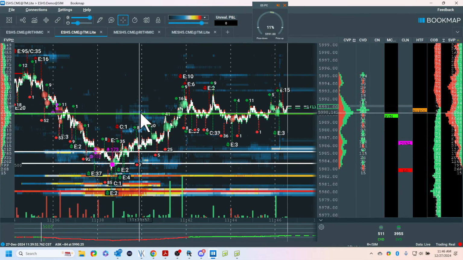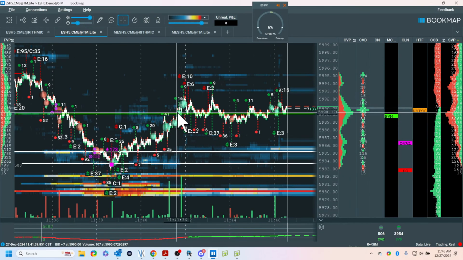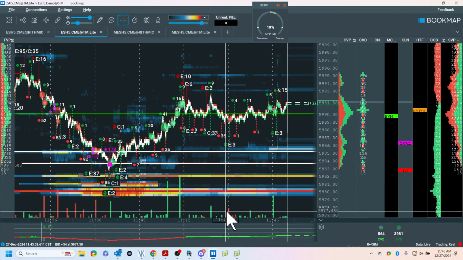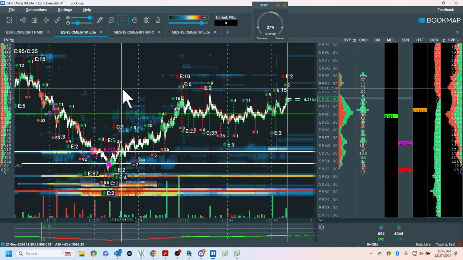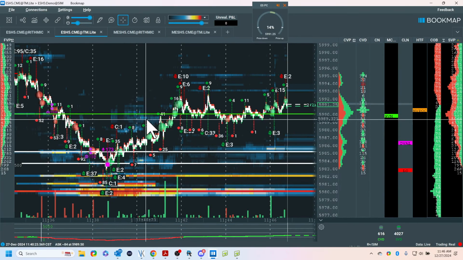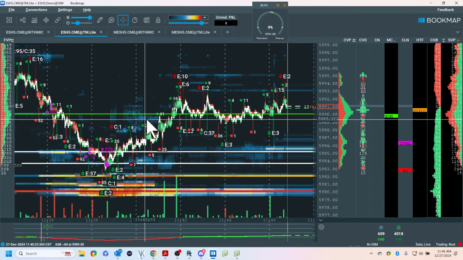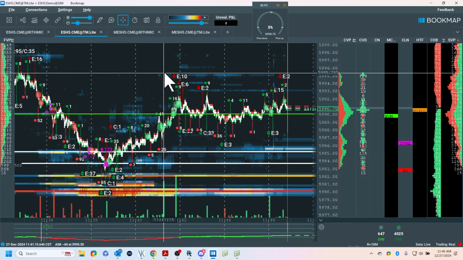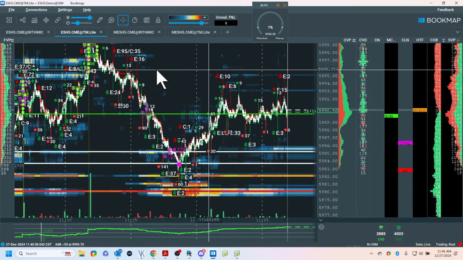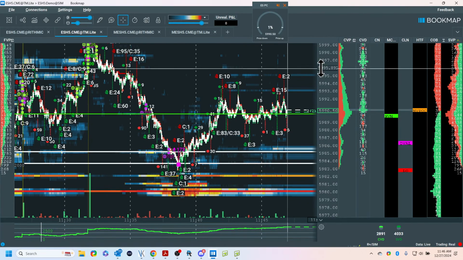What do I do if I have a target down at 60, let's just say, and I want to trade to 60, but I have gamma levels all the way down, which I will have? Which one do I pick? Which one is the right one? Everything works in hindsight.